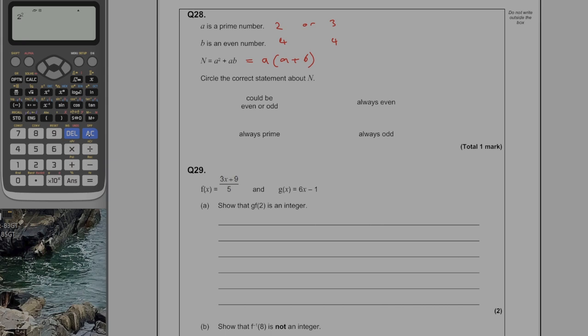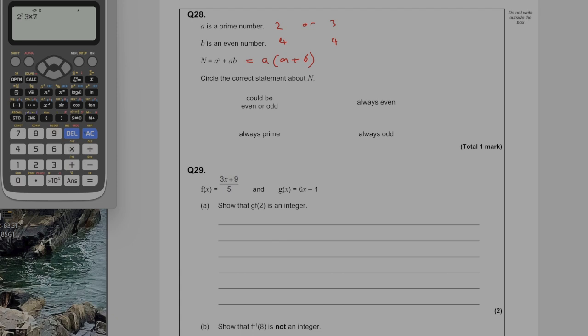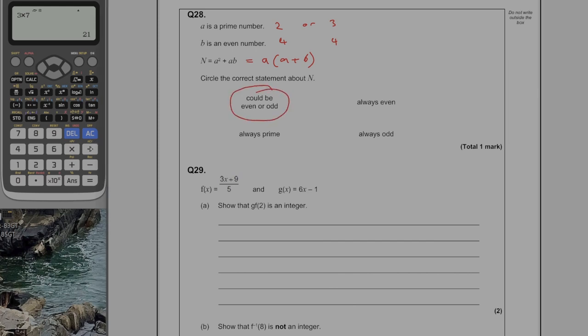And if we imagined it being 3, 3 times by 3 plus 4, that would be an odd times by an odd. It's just 3 times by 7, which is an odd. So it could be even or odd. We've just done a basic trial with 2 pairs of numbers. Well, you understand what I've done there.